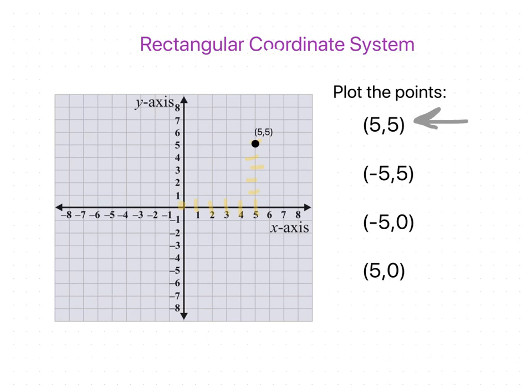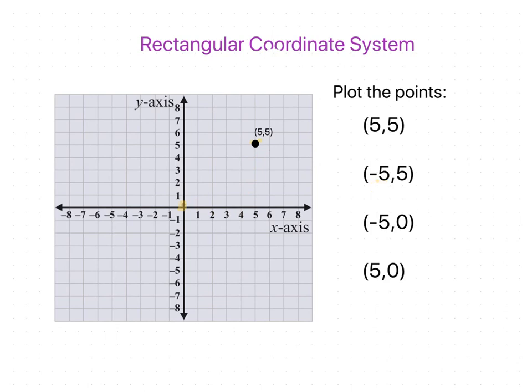Now let's go ahead and plot our next example, negative 5, positive 5. From the origin, we're going to move negative 5 for x coordinate, so that is going to be 5 to the left.